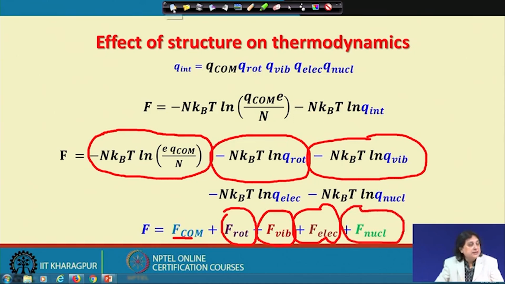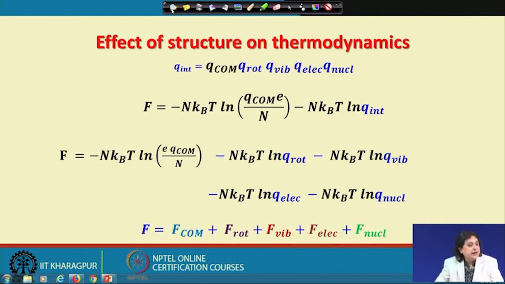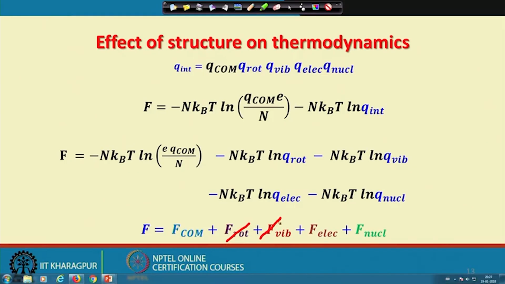In the last class, when we calculated F for the monatomic case, we did not have these two terms. There also the Helmholtz free energy separated into these three different terms, and here in the diatomic case we have in addition two additional terms coming because of a contribution of rotation and vibration to the overall thermodynamic property of the system.